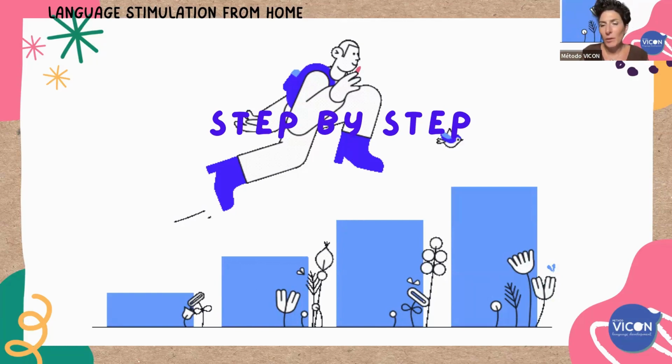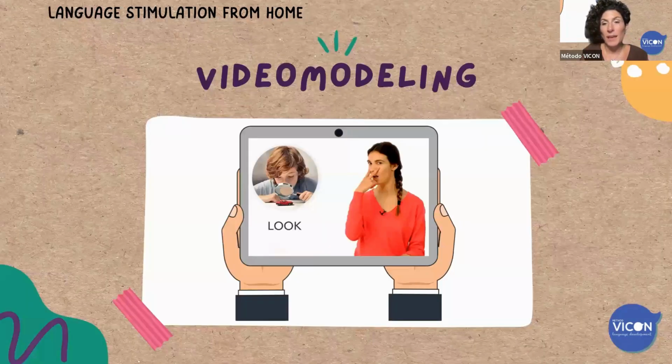Then there is a fourth aspect that is present in our method, and that is very important. It is the other big leg, which is video modeling.